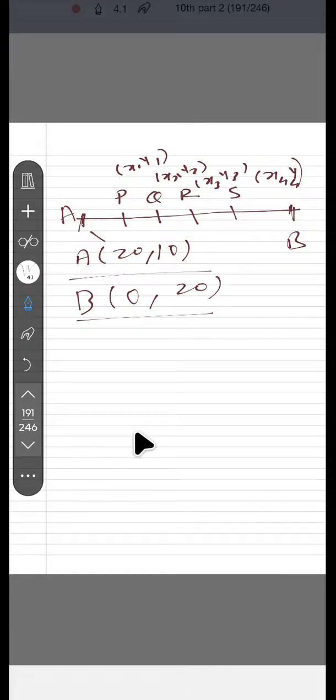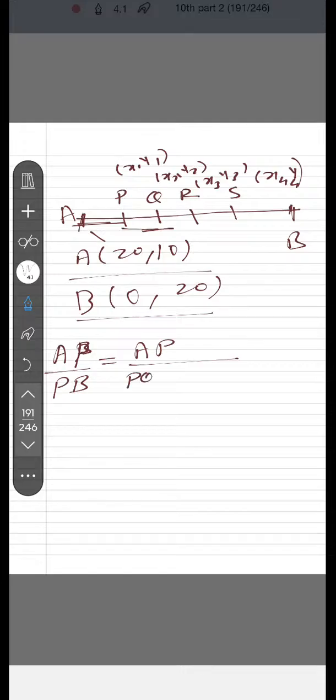Therefore I can say that AP upon PB, where PB I can write as PQ plus QR plus RS.